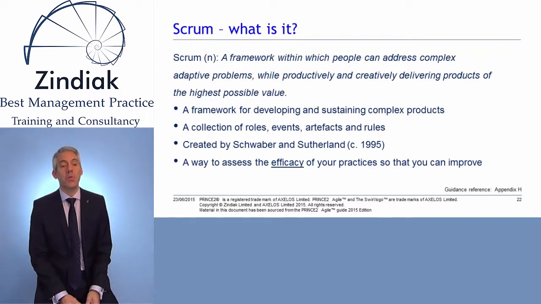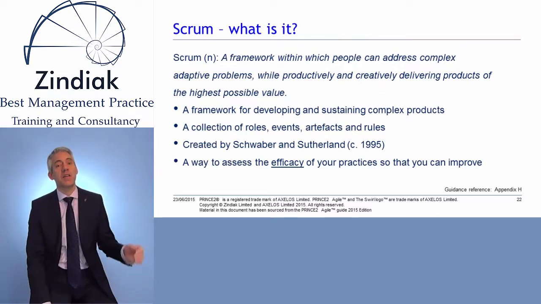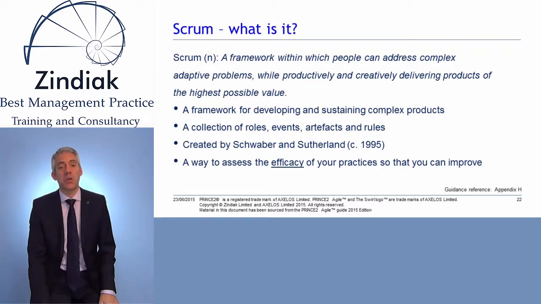A framework within which people can address complex adaptive problems while productively and creatively delivering products of the highest possible value. Now, the key phrases I'd like to draw your attention to in that definition are, first of all, complex adaptive problems. So, complex problems.